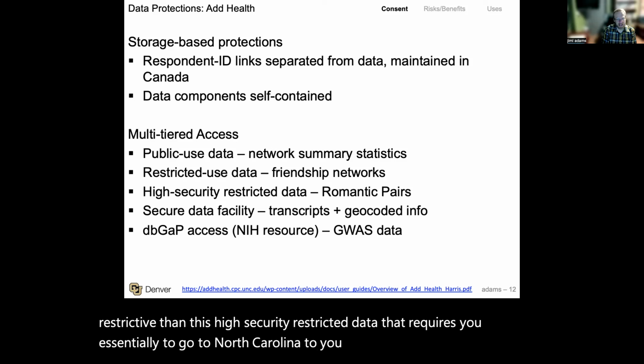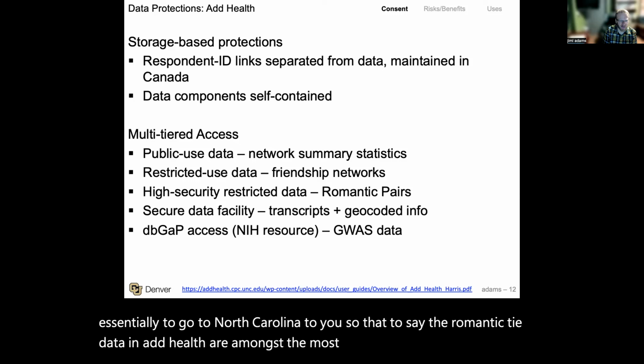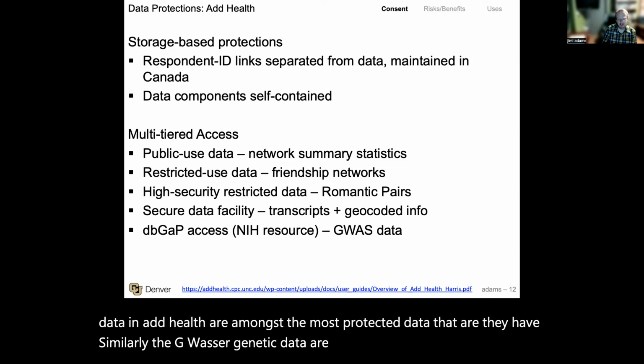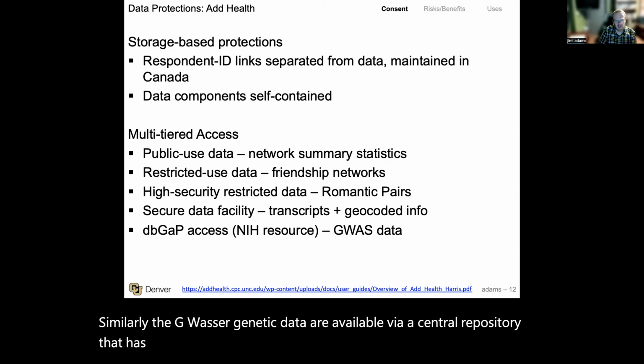So to say, the romantic tie data in AdHealth are amongst the most protected data that they have. Similarly, the GWAS or genetic data are available via a central repository that is maintained by the National Institutes of Health.